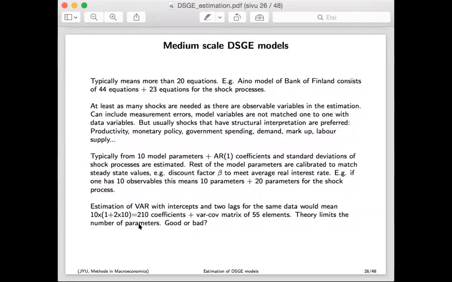And then if the theory in the theory model is not correct, and it cannot be fully correct since these are really stylized models, then it decreases the empirical fit of a theory model, because it has to fit so many time series, but has actually quite few parameters for that.